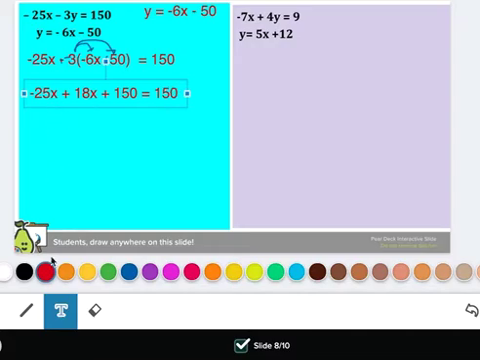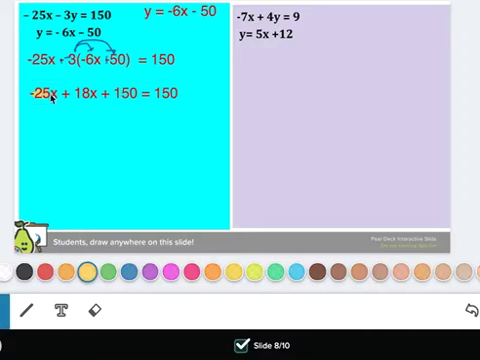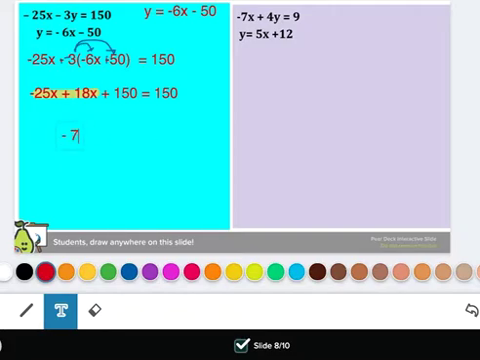You combine these two together because they're alike, they both have x, you get -7x plus 150 equals 150. Now there's still a plus sign, so we make 0. We minus 150 from both sides.